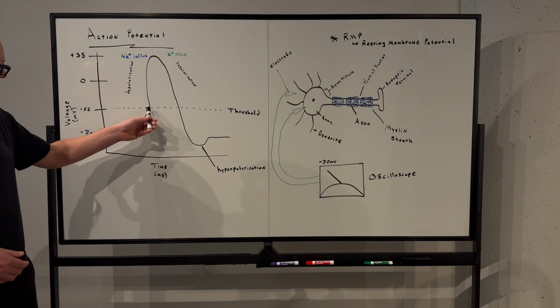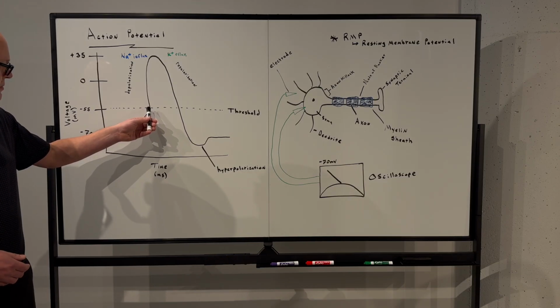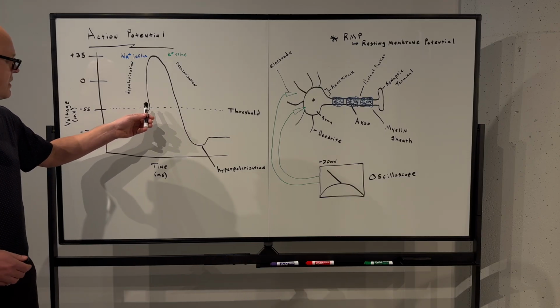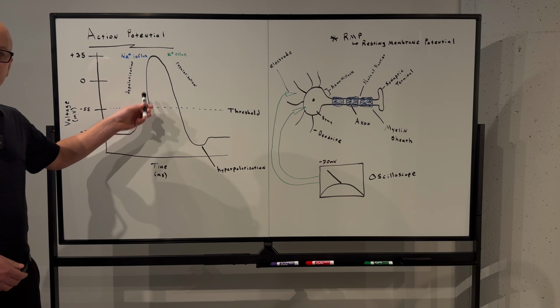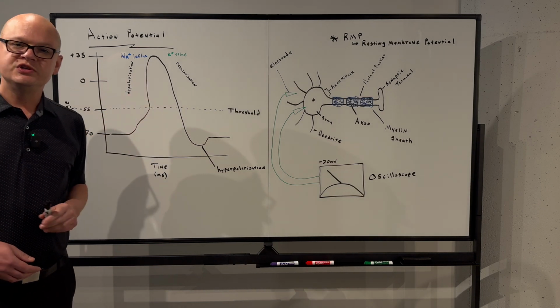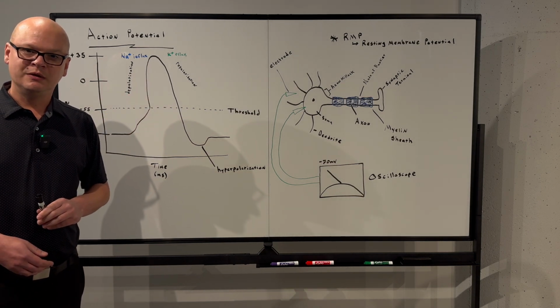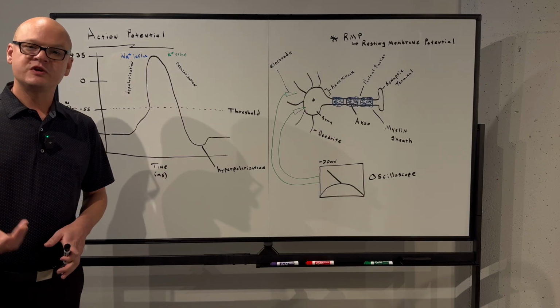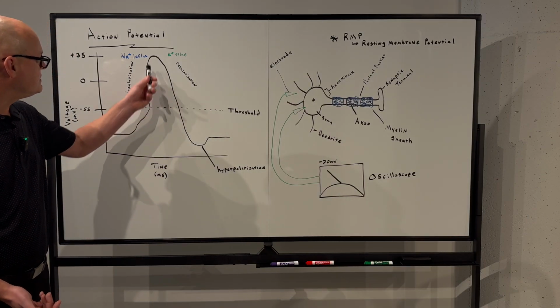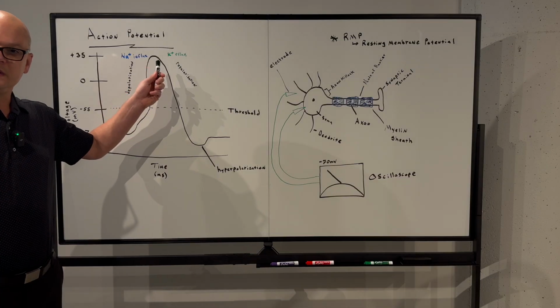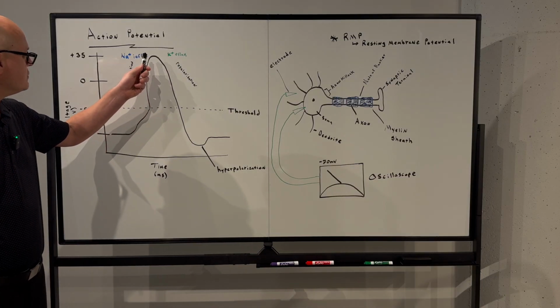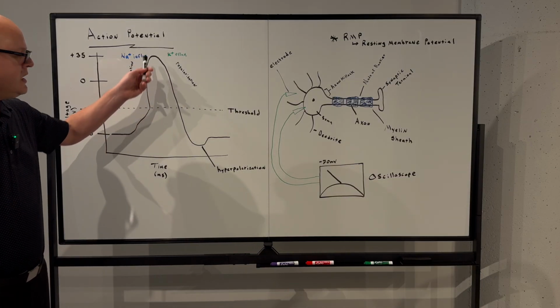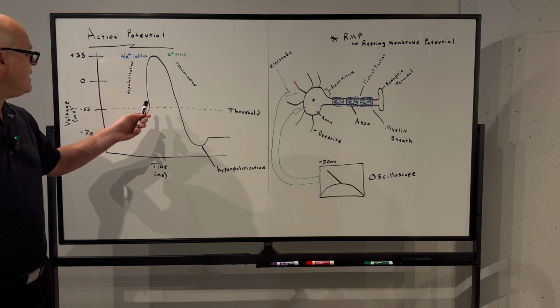So when we reach this -55 membrane potential and threshold has been reached, we're going to get a positive feedback of voltage-gated sodium channels opening. So once some get opened, that recruits even more to be open, and that's why we get this steeper increase in the membrane potential as we go through this depolarization phase.